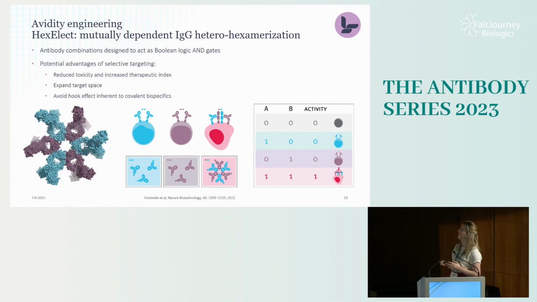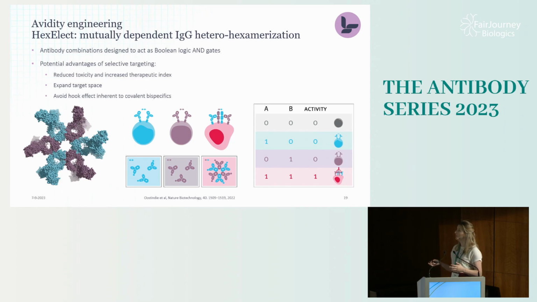We actually wanted to make antibody combinations act as Boolean logic AND gates. In other terms, what we would like to achieve is to have activation only if both antibodies bound to the surface of a cell that co-expresses 2 targets, and then only get hexamerization there, and not get hexamerization on cells that express either one of those 2 targets.